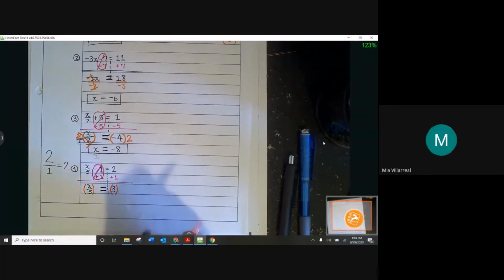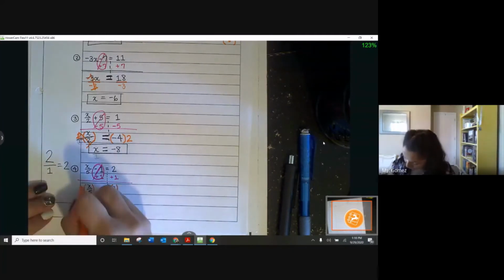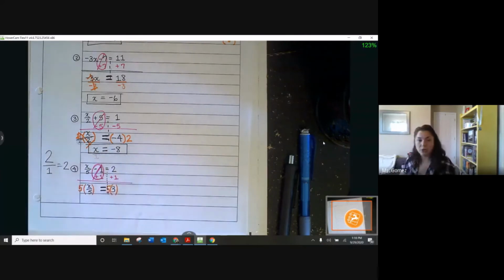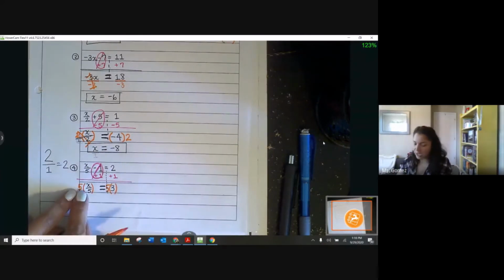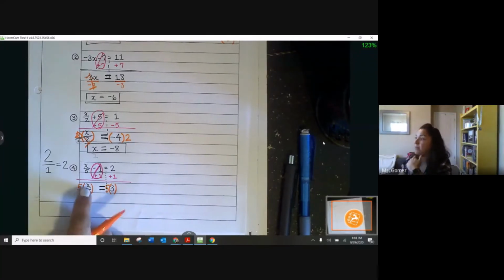Okay, so we want to get x by itself. There's a 5 with it, and it's being divided. So the inverse operation is multiply. So I'm going to squeeze that 5 in front. There we go. So what happens here? 5 times x over 5. What happens with the 5 divided by 5?